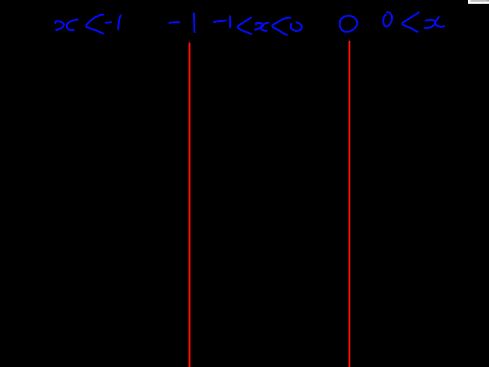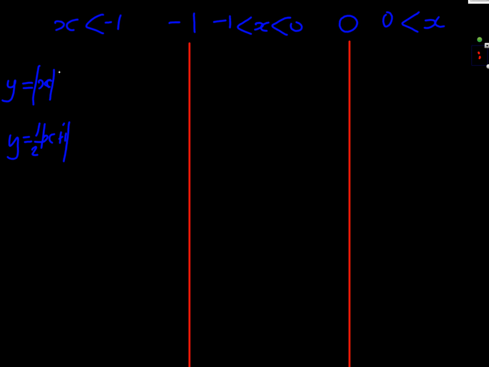Then work out what form each function is taking, what straight line, in each range. Our first function was y equals the modulus of x, and the second function that we're going to compare it to is y equals a half of the modulus of x plus 1.